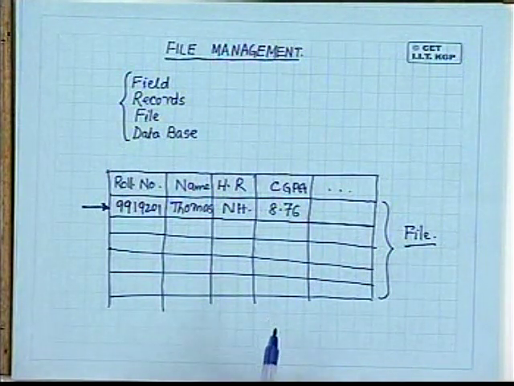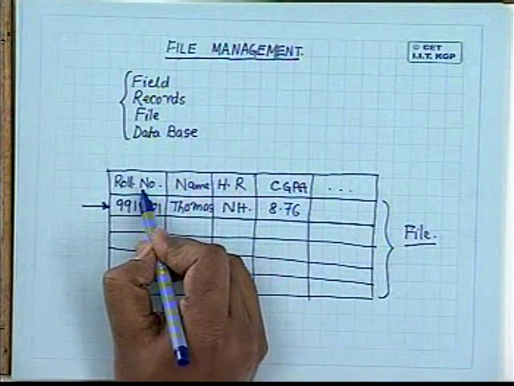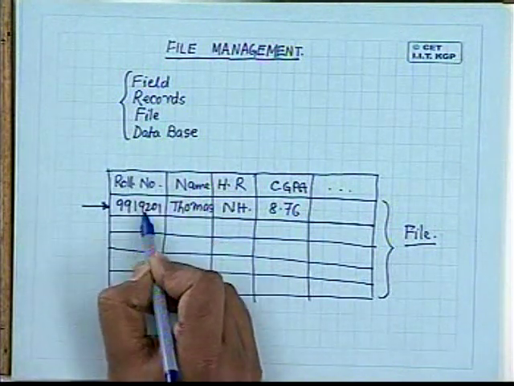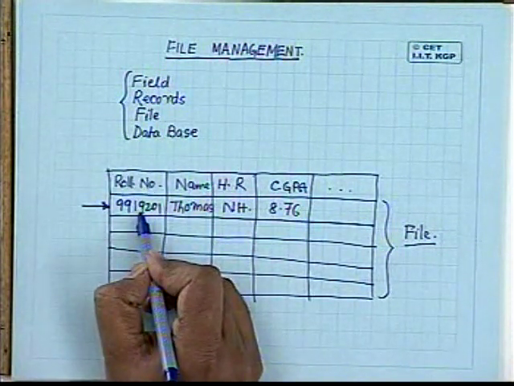But there are situations in which the files will not have a regular structure. In such cases, we have to put the field, which is also called an attribute in terms of DBMS, database management. So this will be called a field attribute, and this is the value of the attribute.